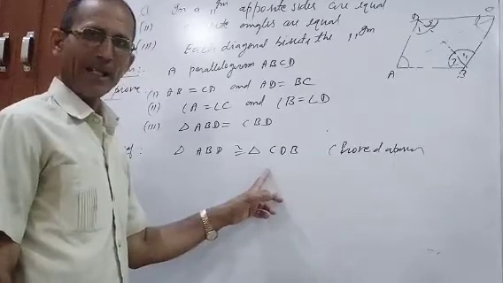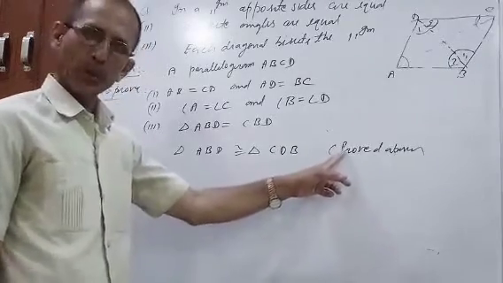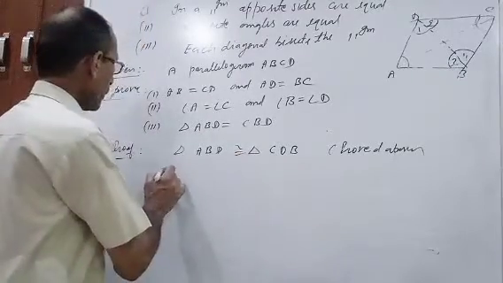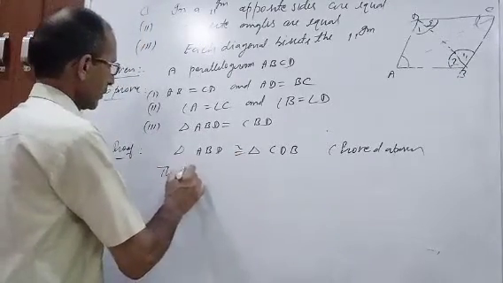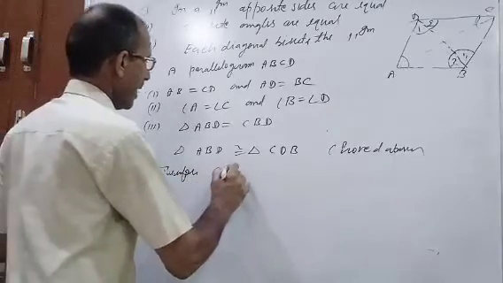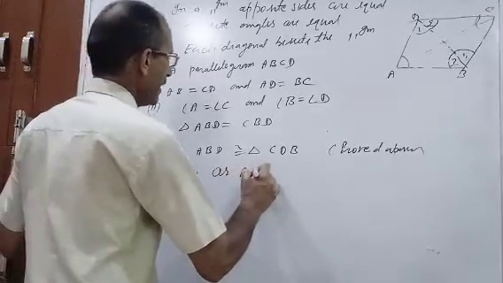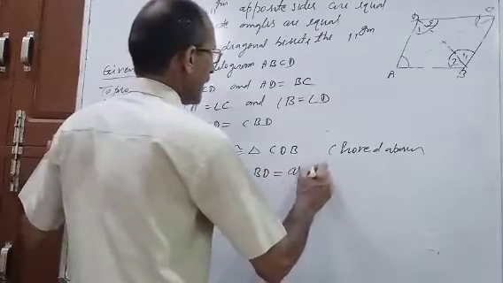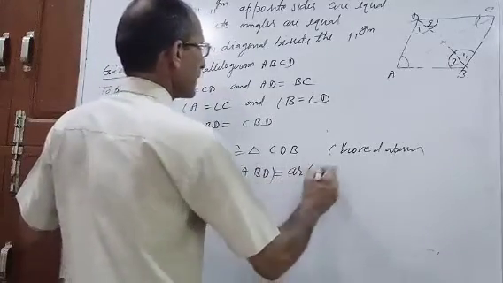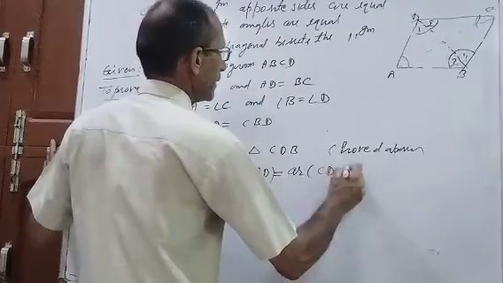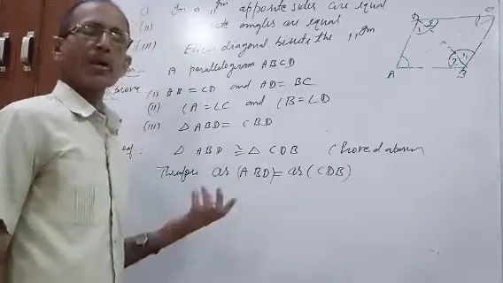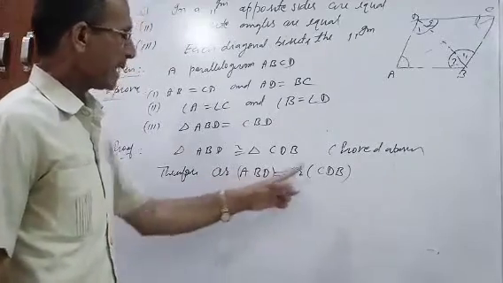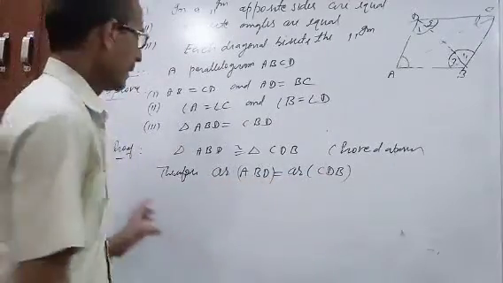You have to give the reason: proved above, because we have proved it already. Therefore, area of ABD will be equal to area of CDB, because congruent triangles are equal in areas.